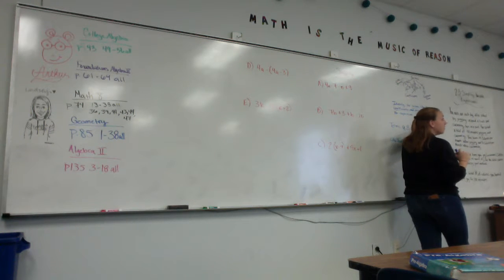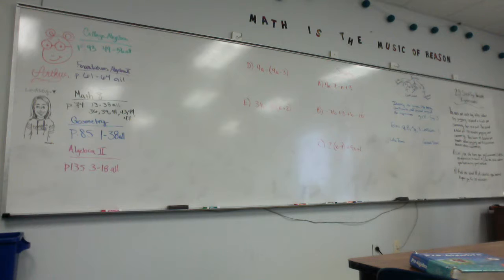Not 5. Keep the sign with it. Not keep the variable, keep the sign with it. What sign is with this? Negative. So negative 5. So it's the sign that's in front that tells me if it's a positive or a negative coefficient. It's not saying minus, it's saying negative 5y.